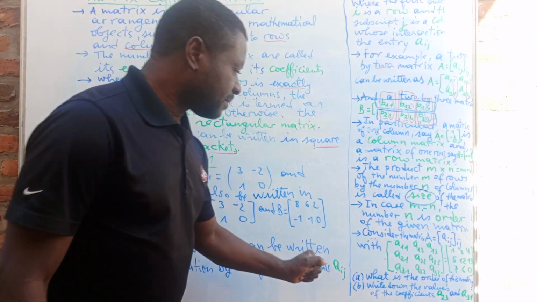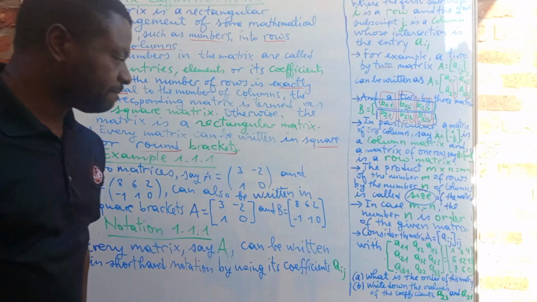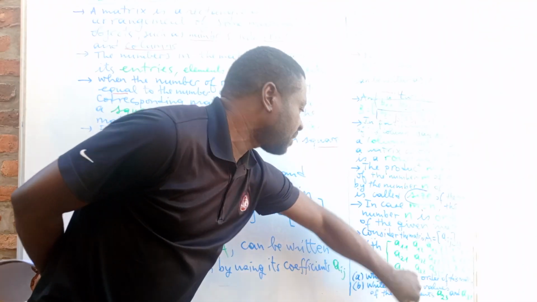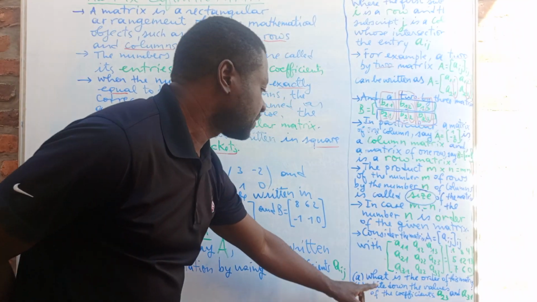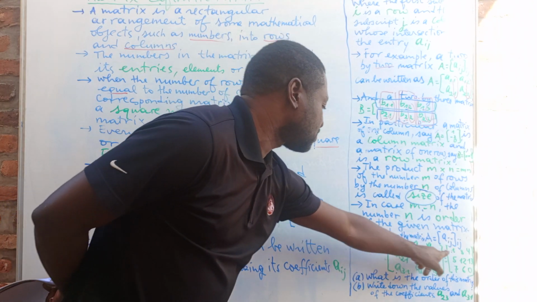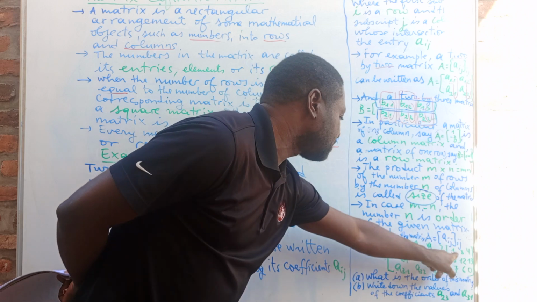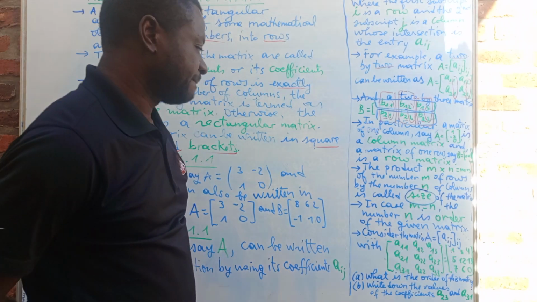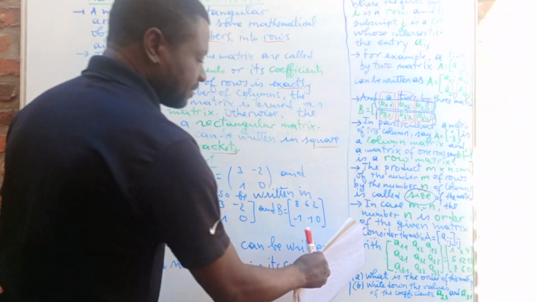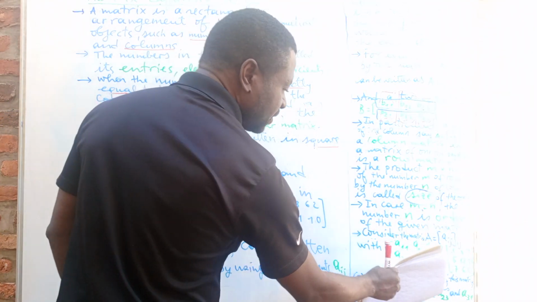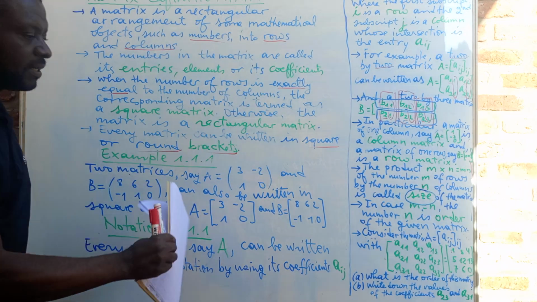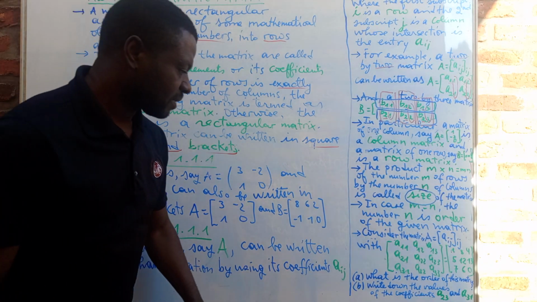Now, about the notation. For example, if you have a square matrix, at the first row, first column we have the number 1, and so on. Now here we have a question. What is the order of this matrix, considering what we have been talking about?